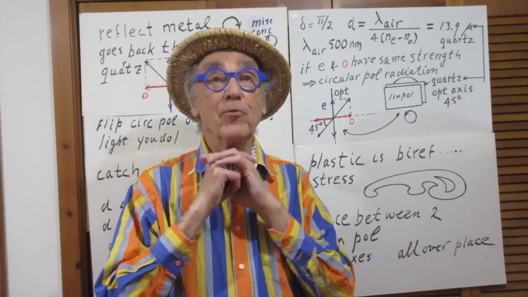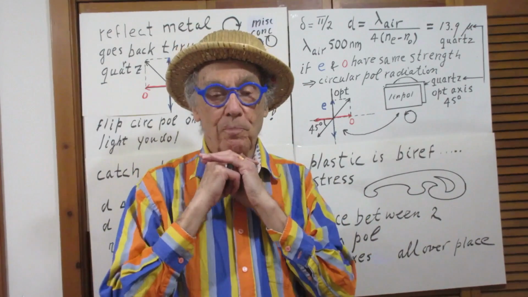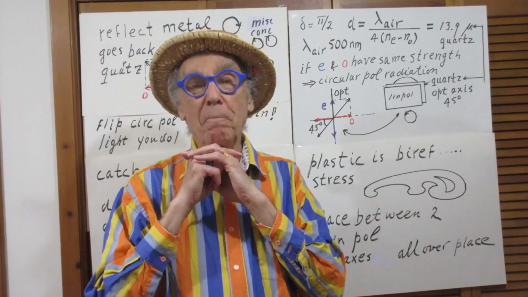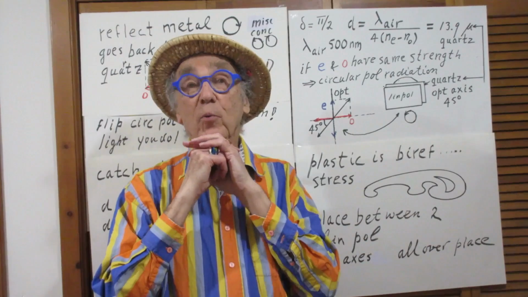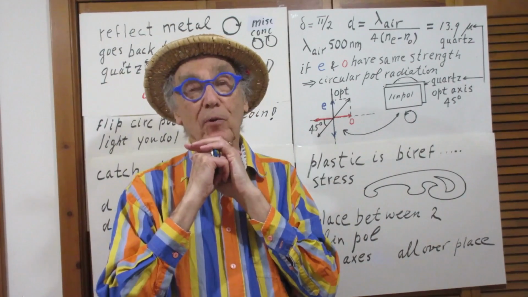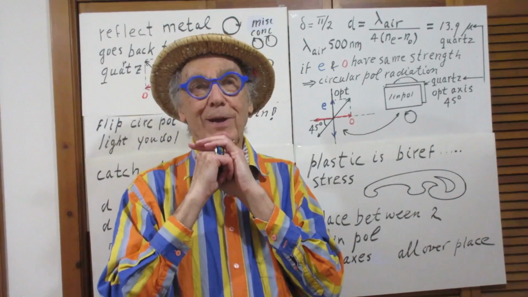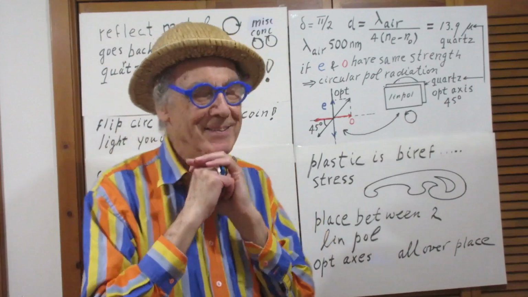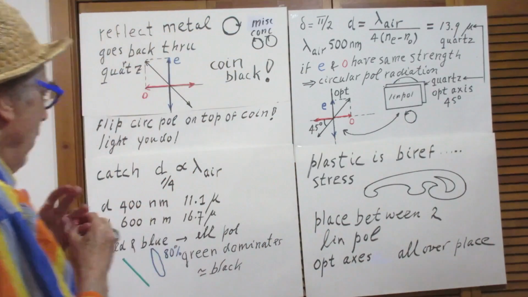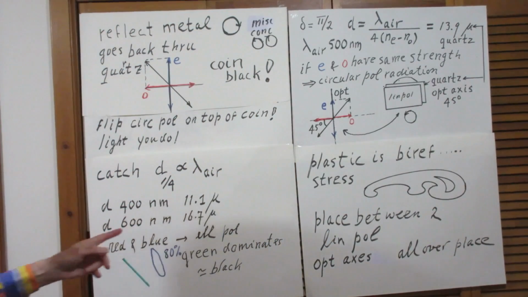But the light that I was using, which is the light in my room, has its maximum intensity in the green area and not in the blue and the red. So really it looks as black as I can get it. But it is not really exactly black.